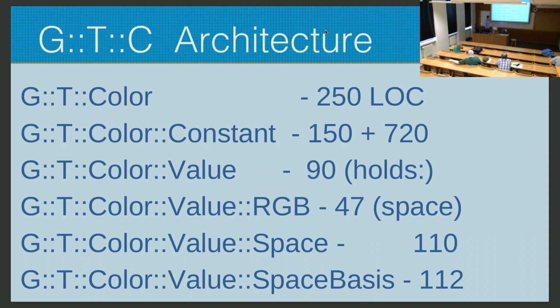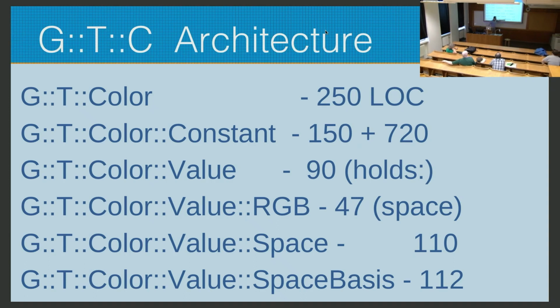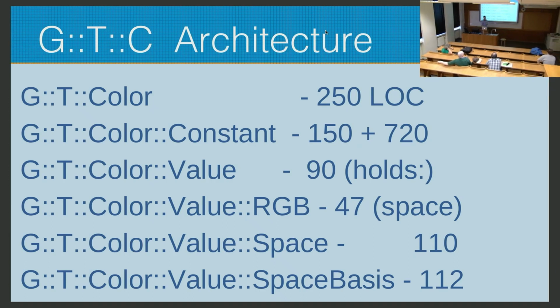And I also used in 2 ways non-orthodox object orientation in a good way. And this is also one thing I want to mention, because I think you should do that too, because it leads to more clean and more manageable code. What all color spaces have in common is here in the space basis. It is just the vector names which are shortcutted, and it's always the same thing.